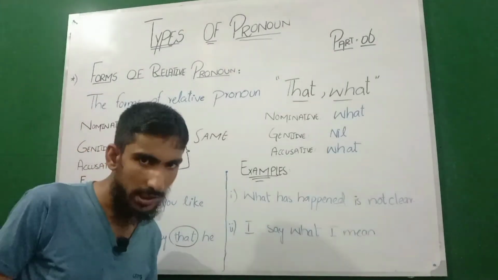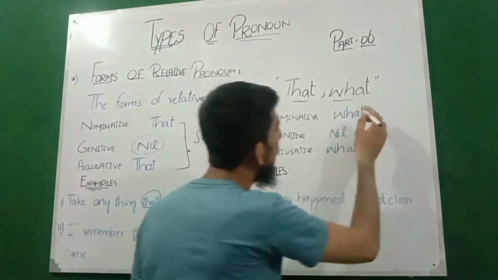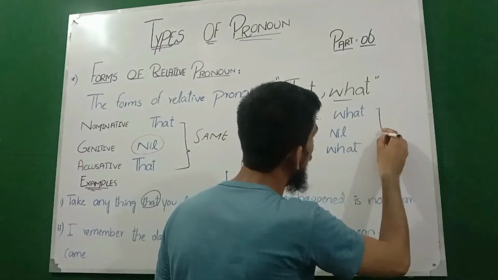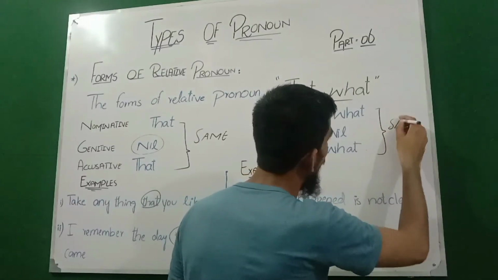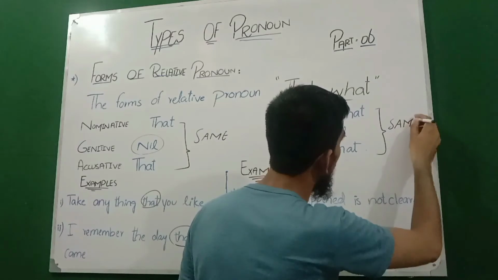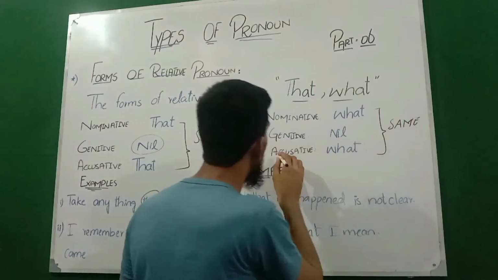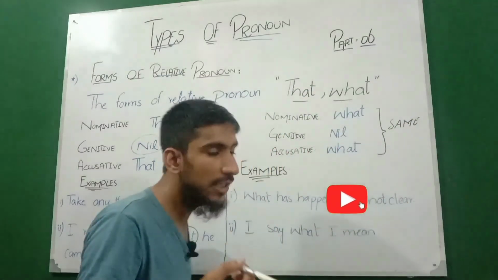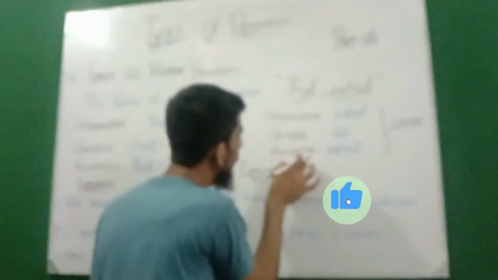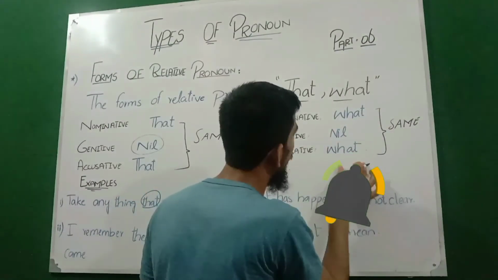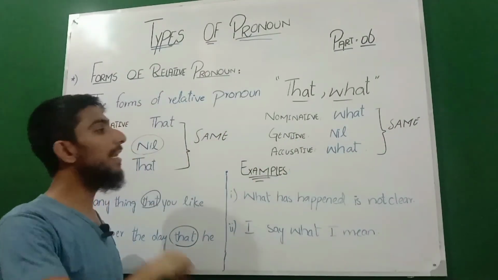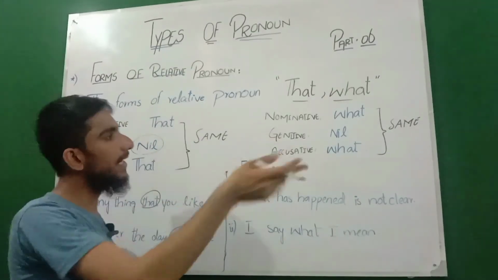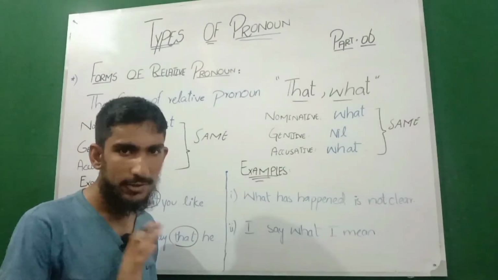Look at the last one, "what". "What" is also a relative pronoun, and its nominative and accusative cases are the same. Its nominative case is basically a subjective case, and its accusative case is basically an objective case. So the nominative and accusative cases of "what" are the same, which are "what". And like "that", "what" also has no genitive case, no possessive case.